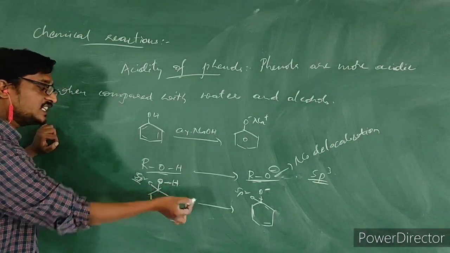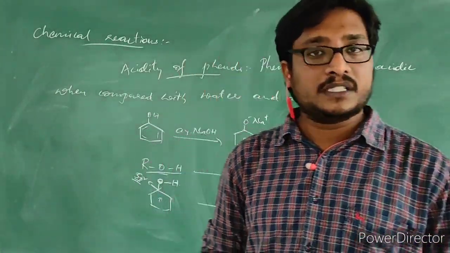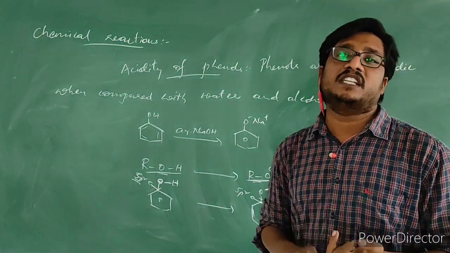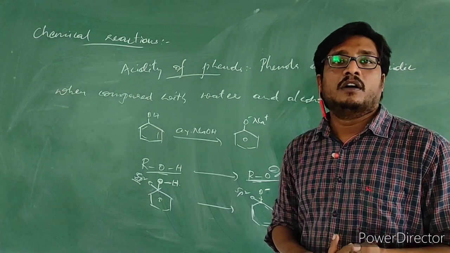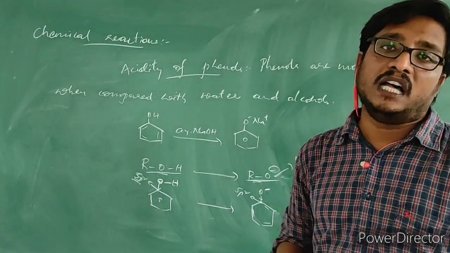So it will easily give out the H plus ion. The electronegativity of carbon present in phenol is also one of the reasons for the more acidic nature of phenols when compared with alcohols.